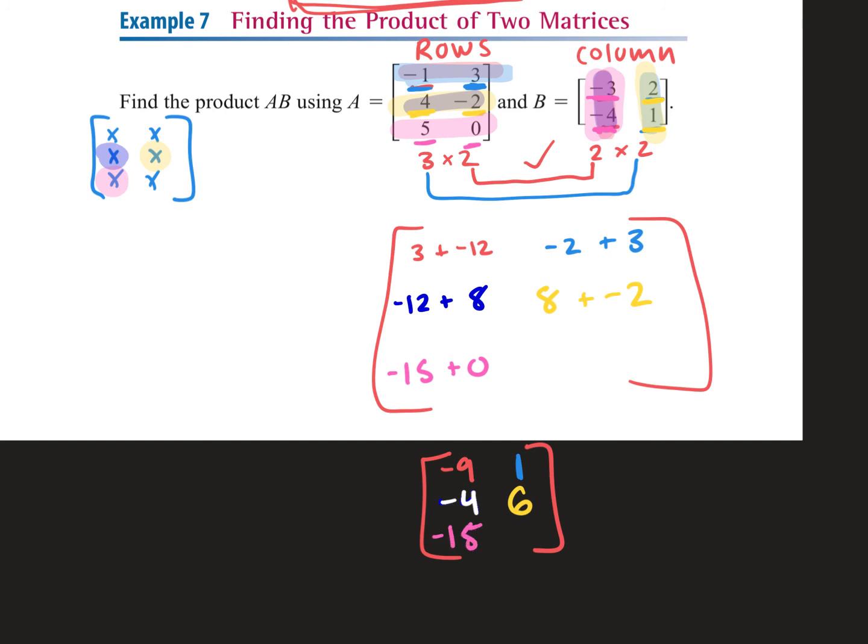And then lastly, I have the third row, second column. So that goes in the third row, second column spot. So first number times the first number, 10. Second number times the second number, 0. 10 plus 0, 10. So this is my answer.